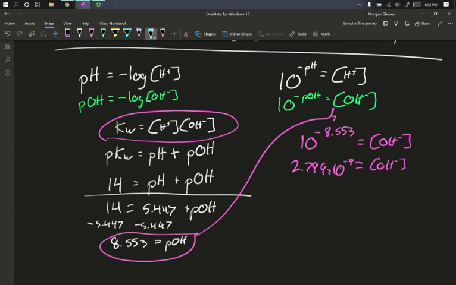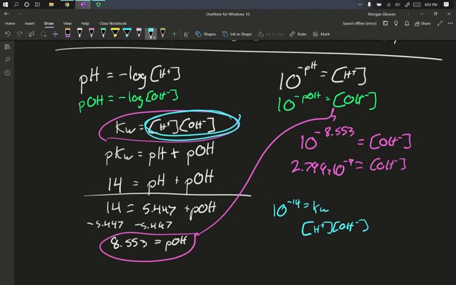Does that work with our Kw value? Well, 10 to the minus 14 is our Kw, but that's the equilibrium constant for our H plus and OH minus concentrations. So if I plug in my H plus times my OH minus, they should equal 10 to the minus 14.